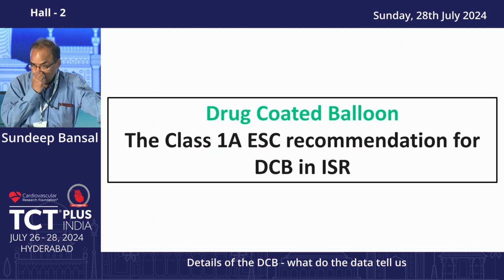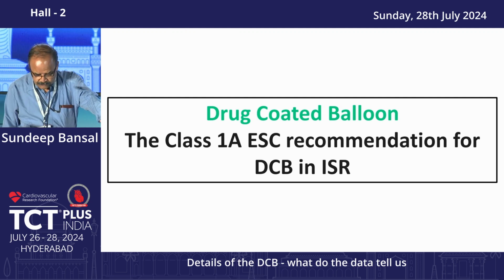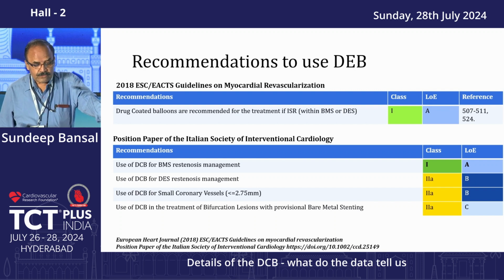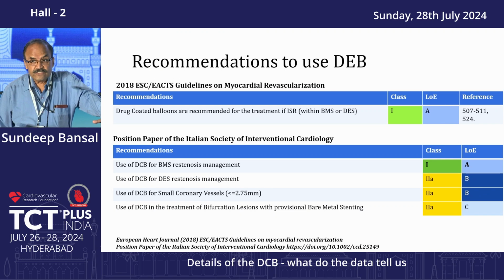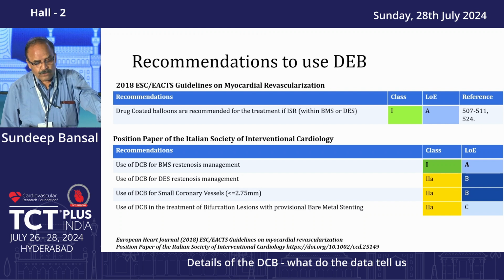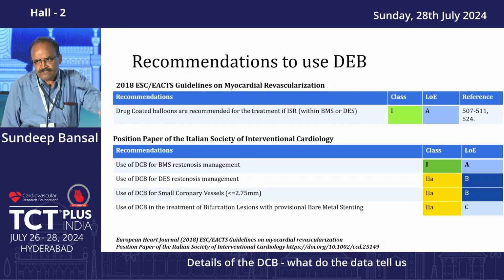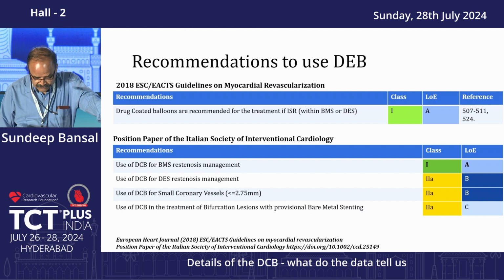Having said that, the only single important unequivocal indication for a drug-coated balloon is in-stent restenosis. It's a class 1 European Society recommendation. So post restenosis, post BMS or DES, class 1 ESC recommendation. The Italians also give a similar recommendation, but they also added 2A for small vessels, which are less than 2.75, some say less than 2.5, and treatment of bifurcation lesions.